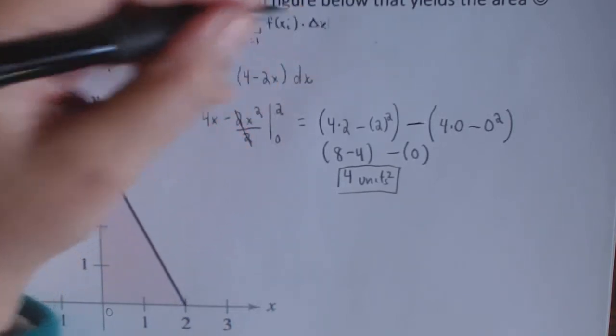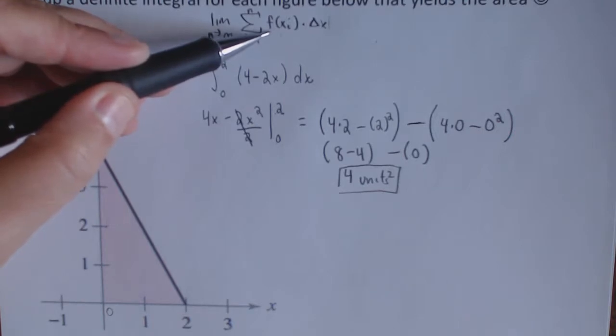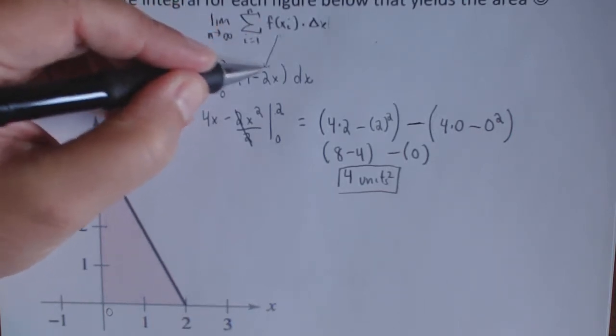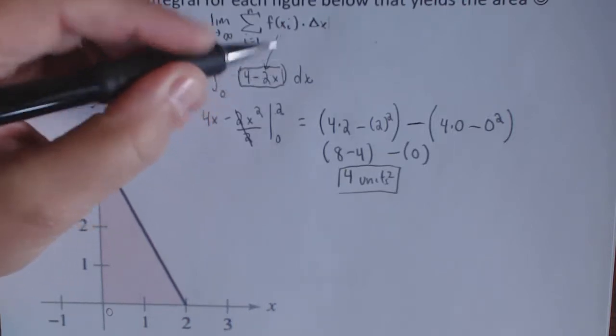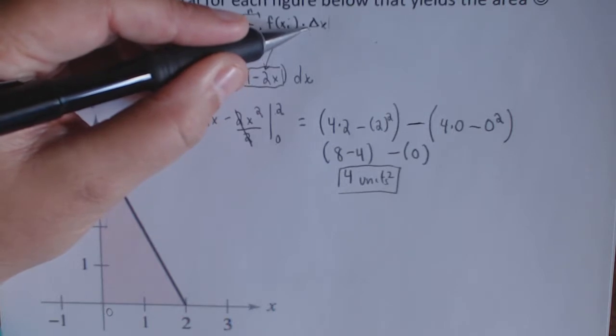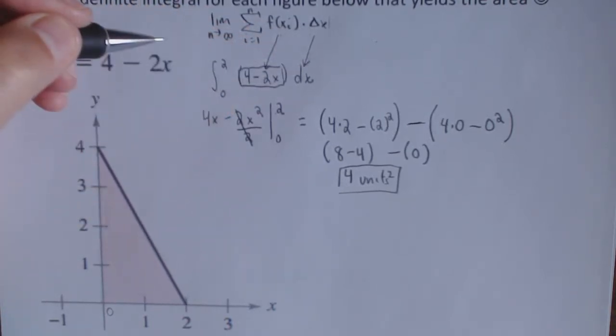Remember how that height, f of x, was the height of the rectangle, and that's the function. And this delta x is the width of the rectangle, and that triangle stands for delta. Well, now it's going to change to a d for delta, dx.